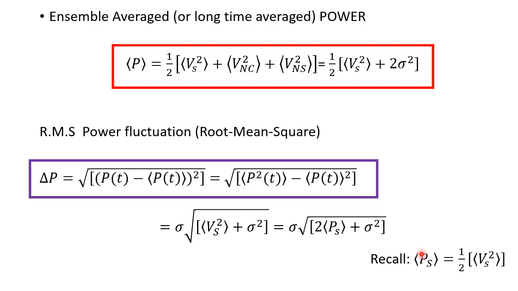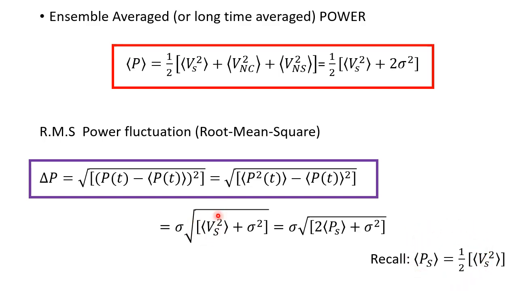We know that the average power itself simply goes like Vs square average times half. This is by the definition of power, and the complex conjugation definition that we put in. So this is the power in the signal itself.